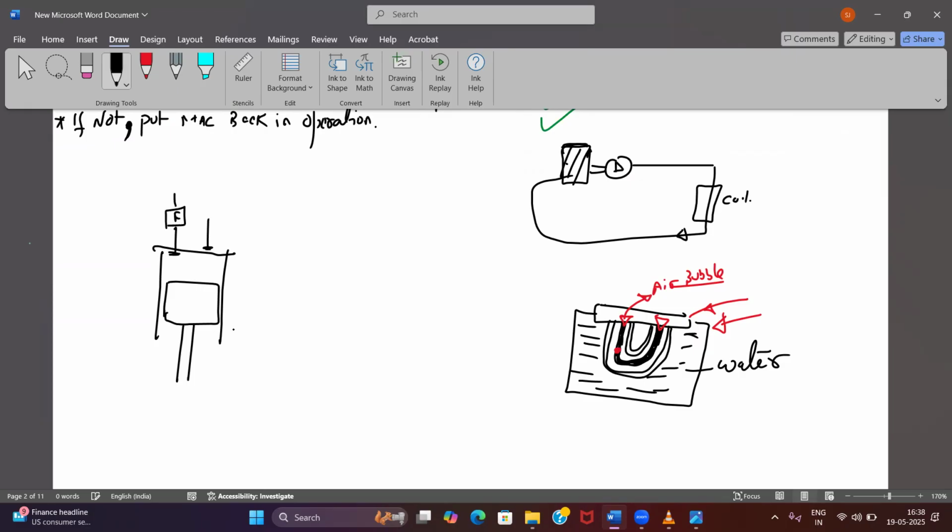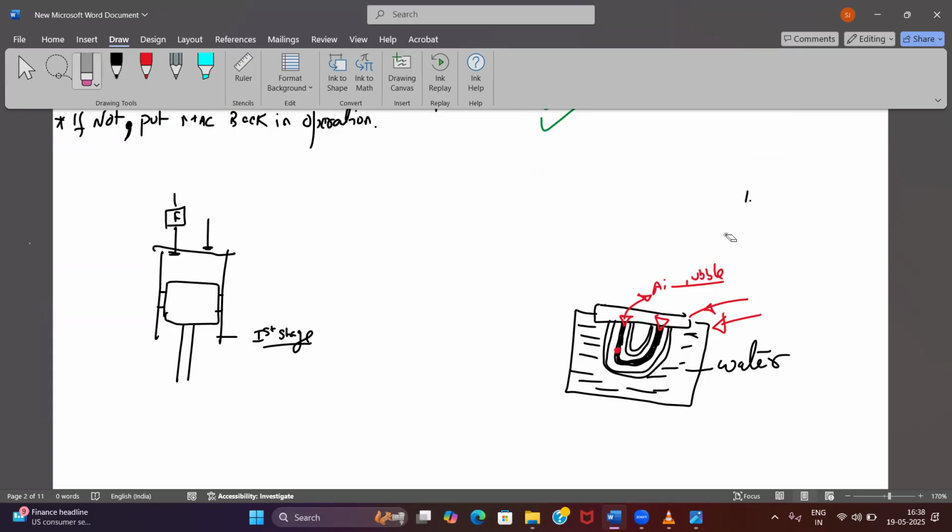I have only drawn the first stage. Without opening the compressor, how will you figure out if your suction and discharge valves are working perfectly, if they are not leaking or something?